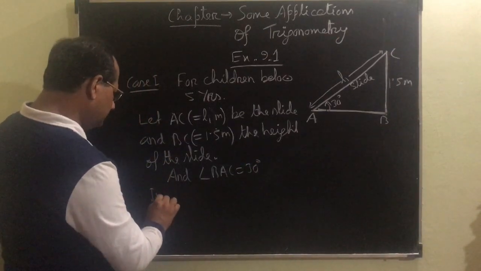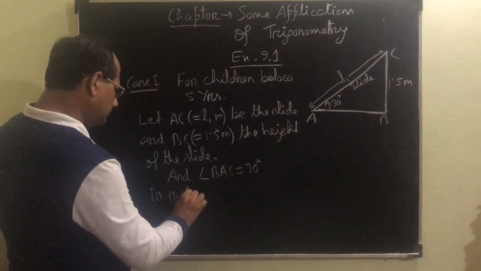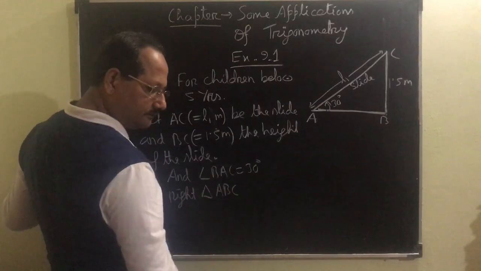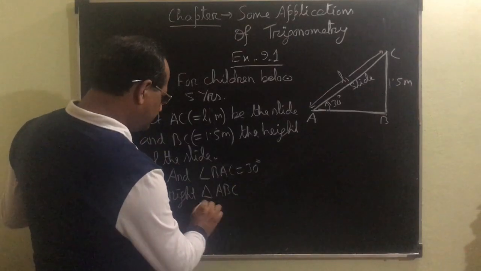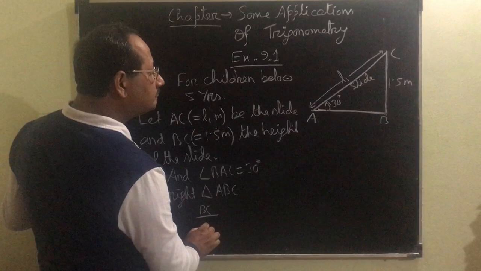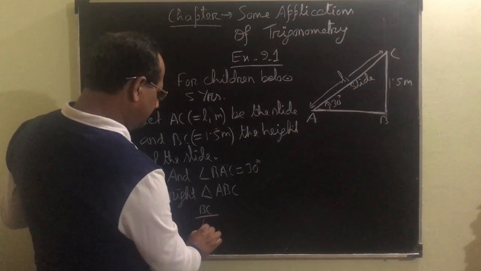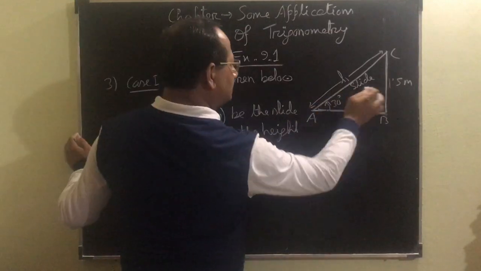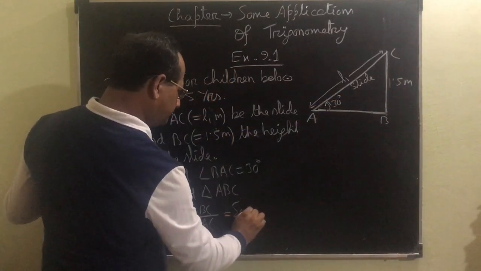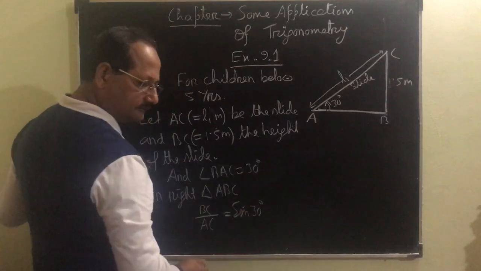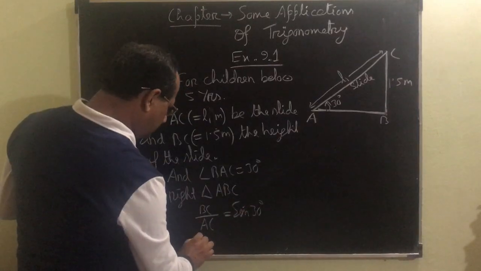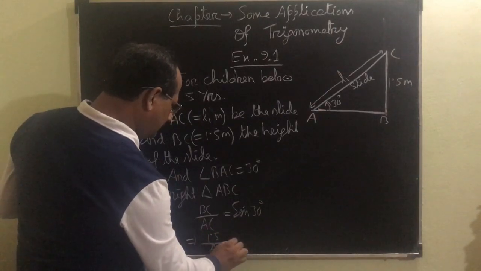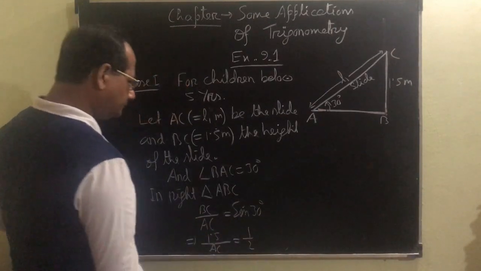In right triangle ABC, BC by AC equal to sine 30 degree, implies 1.5 by AC equal to 1 by 2.